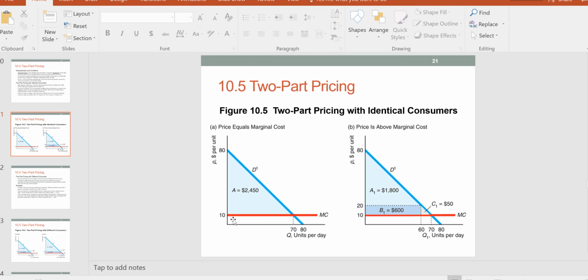And we showed in the book that if the monopoly charges a price which is the same as the marginal cost, it actually maximizes the profit. Any price which is higher than that actually lowers the profit. So the profit maximizing price is equal to the constant marginal cost.